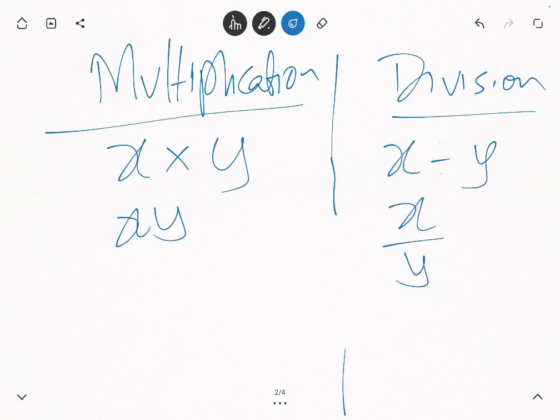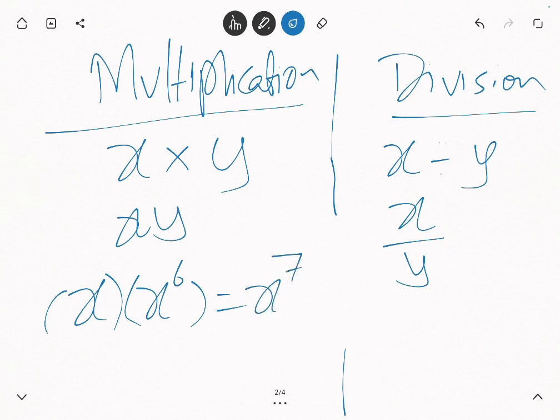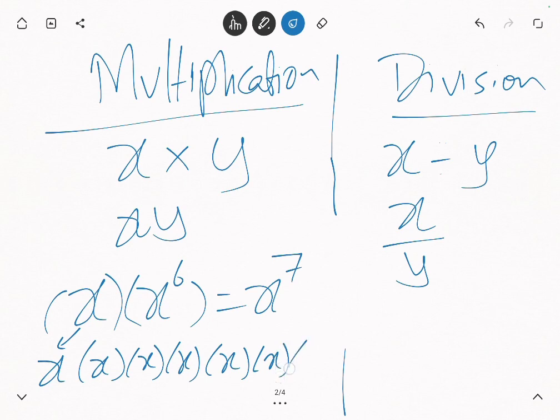If the terms have the same variable and different powers, it's so simple to simplify them. See, if I have x and x power 6 and both are multiplying with each other, the answer for this is x power 7. The reason is, try to expand the exponential form of x power 6. This is the x, and the expanded form of x power 6 is x into x into x into x into x into x.